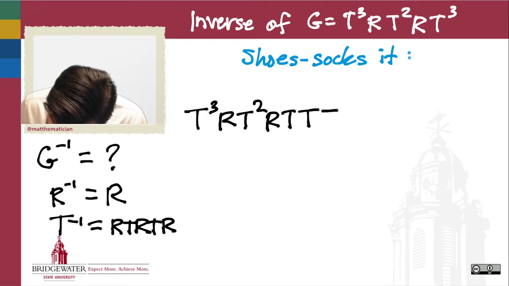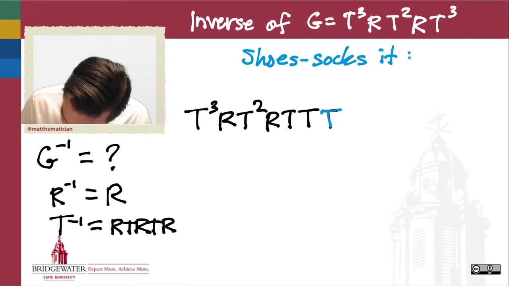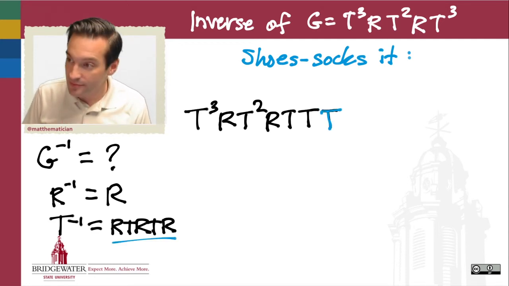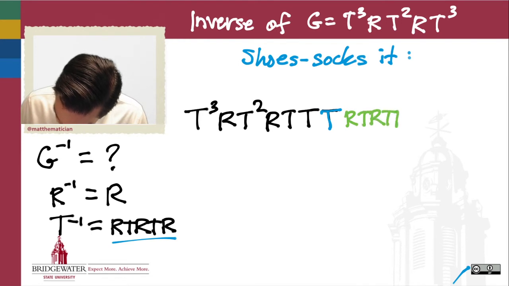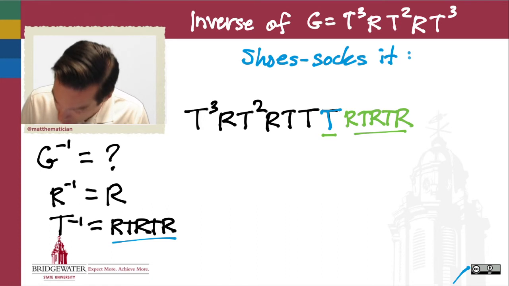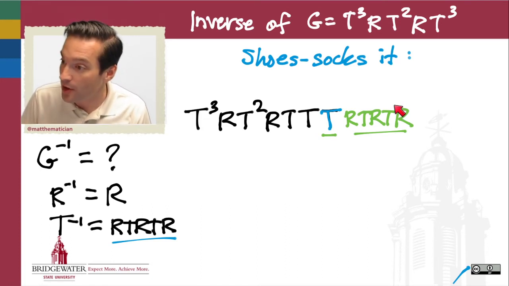I'm going to write that T cubed as T. And then I'm going to try to cancel out this T using an inverse of T. But an inverse of T is RTR. So this RTR, I would add in there, is going to cancel with that T. Underline those. Now we can imagine that those get crossed out and go away.